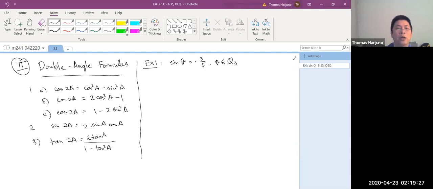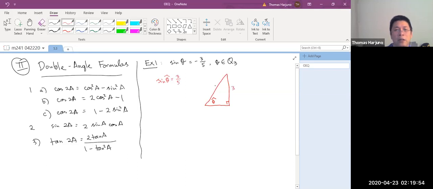Now, suppose I have a right triangle. Well, theta is in quadrant 3, so I cannot use theta here. I can only use theta hat, to make it into an angle that we can apply to a right triangle. So sine theta hat will be 3/5.